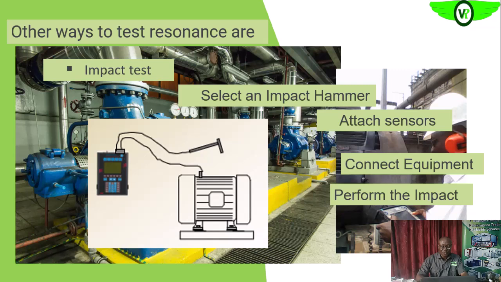You also use a multiple channel analyzer. The impact hammer will be attached to one of the channels, and the sensor will be attached to the other channel. As you hit the electric motor, the impact information will be sent through the cable connected to the impact hammer, and the sensor will also pick up the impact and send it to your analyzer.